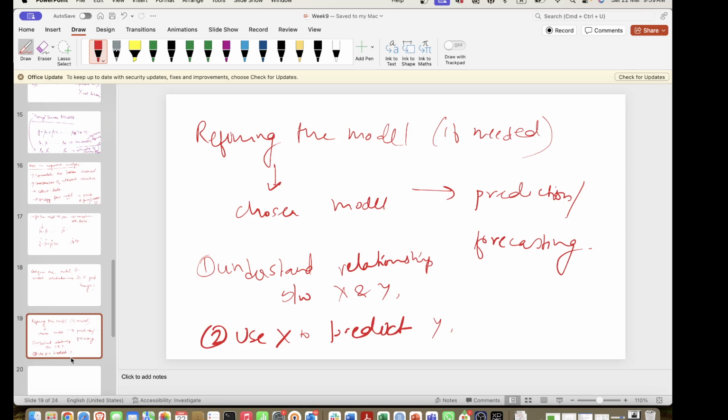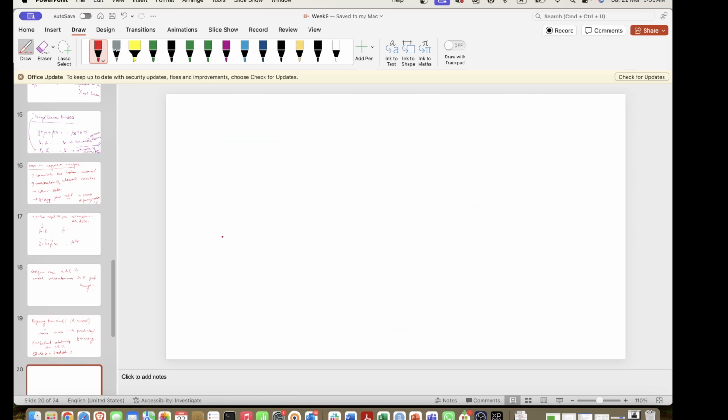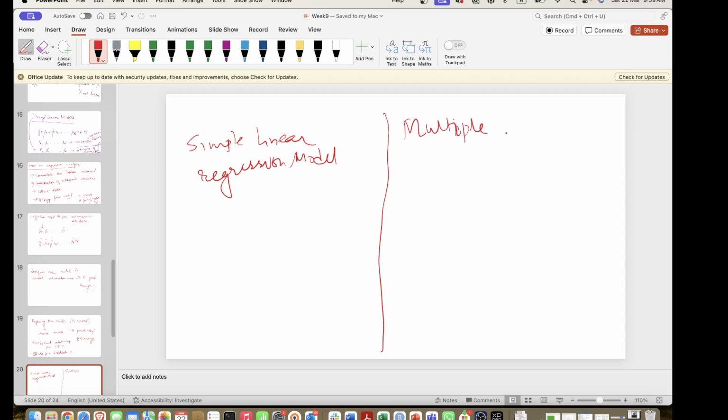Now if I want to move into the specifics, I should be talking about a simple linear regression model versus a multiple linear regression model.